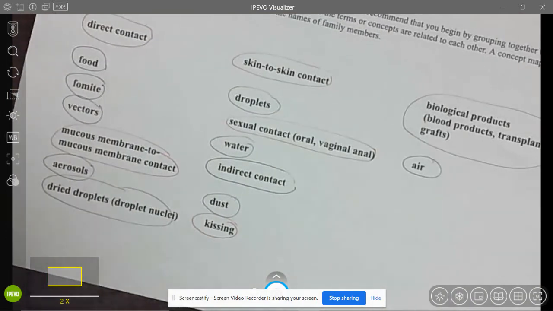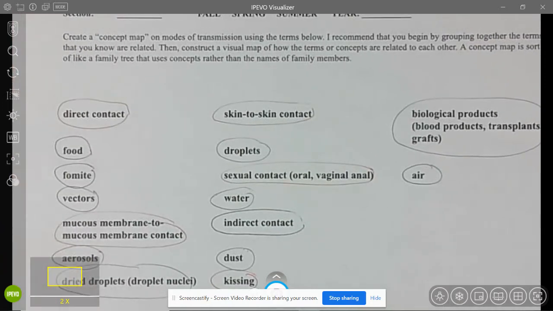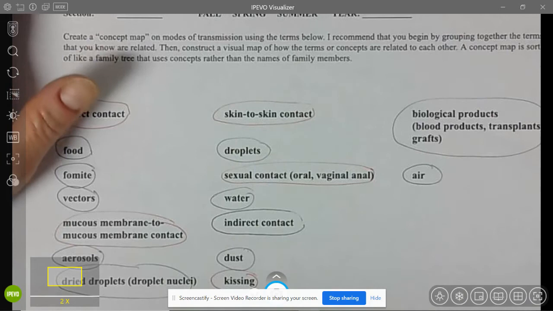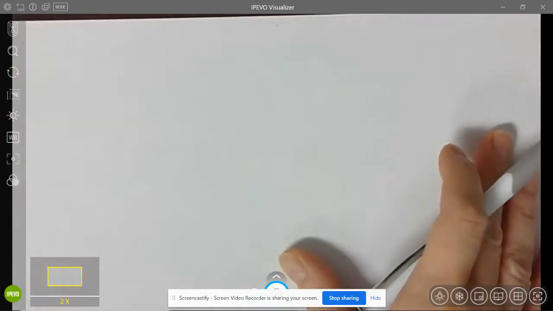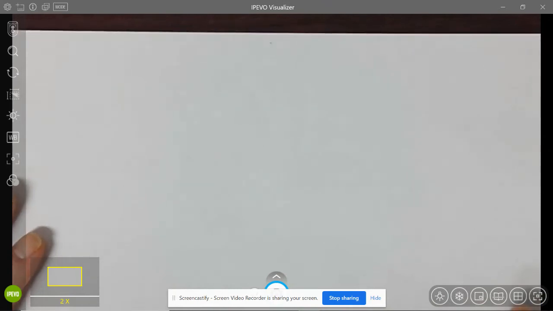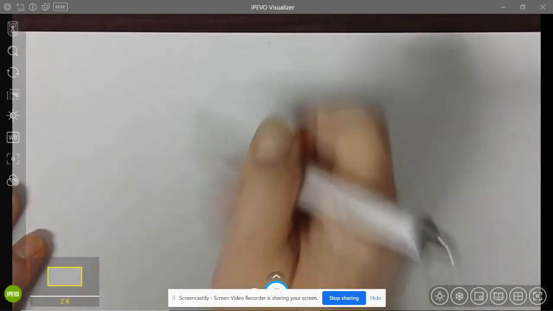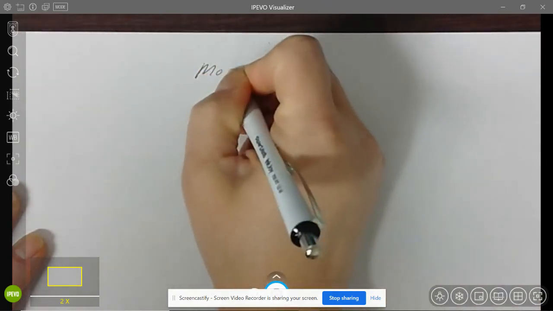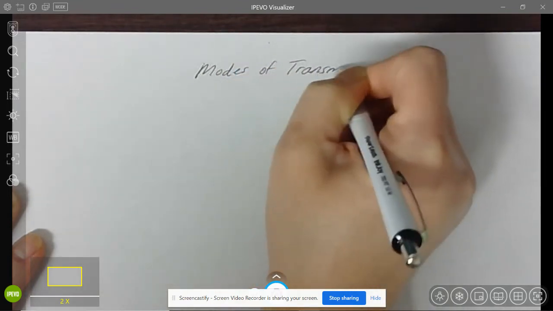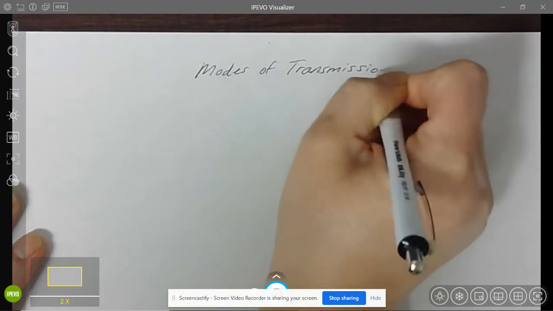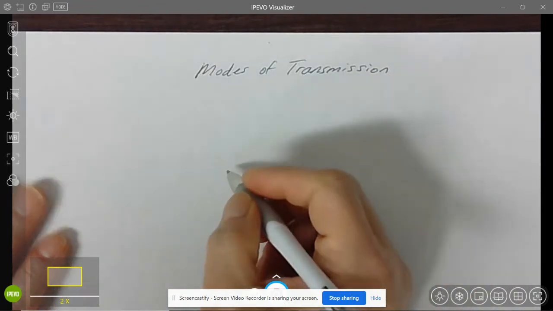So if we were to go ahead and start sketching this out, we can see what this might look like. So again, this is according to your textbook. So I'm going to put this list aside and then start to sketch out a visual on what this might look like. So we are looking at modes of transmission.